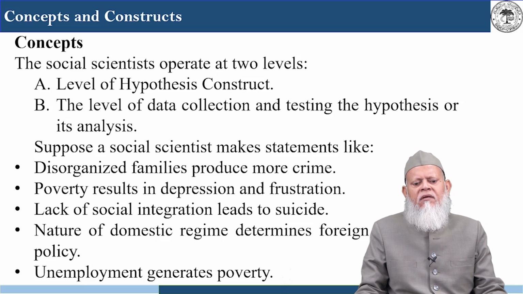Number one, at the level where hypothesis is constructed, hypothesis is set up, that is the one level. Then the other level is the level of data collection, processing, analyzing and testing of the hypothesis.